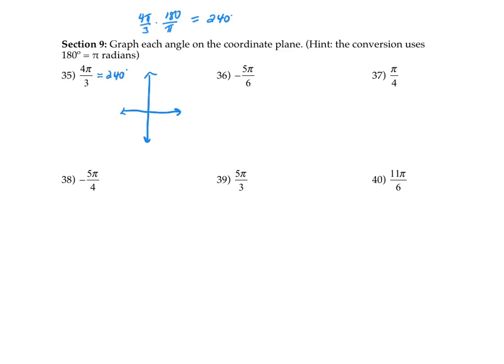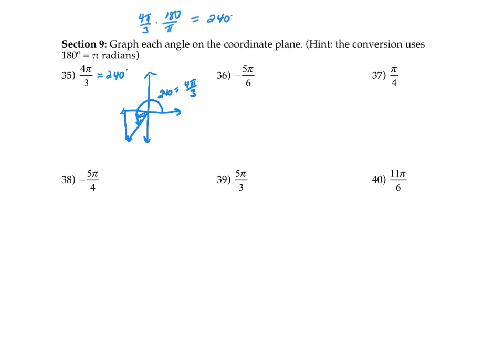So you may find that a little bit helpful, at least in the beginning, until you get familiar with radians versus degrees again. So we start at the positive x-axis, we go counterclockwise 240 degrees. And I'm just going to put on here that our reference angle would be 60 because 240 minus 180 would be 60 degrees.